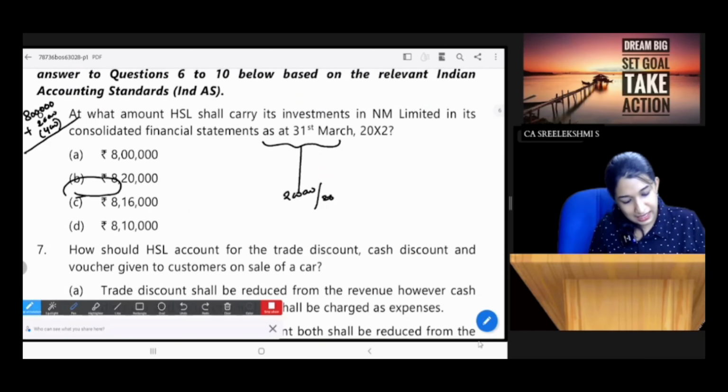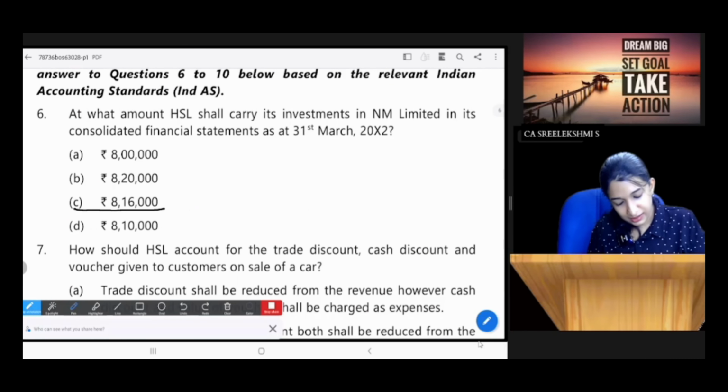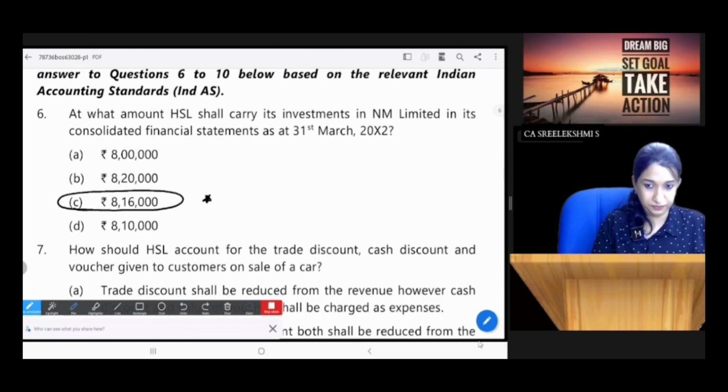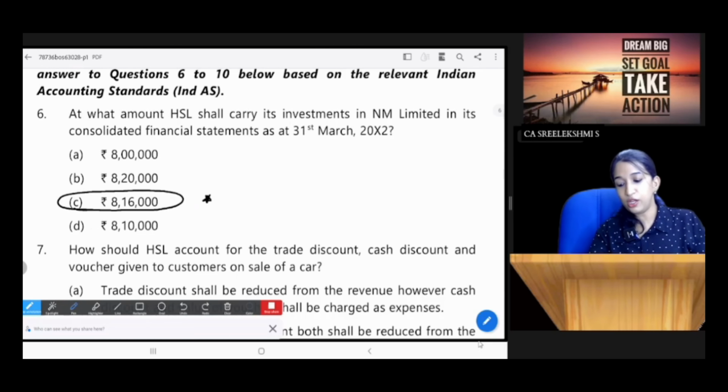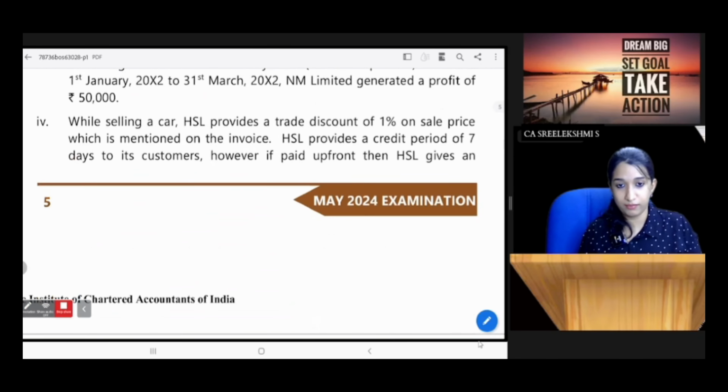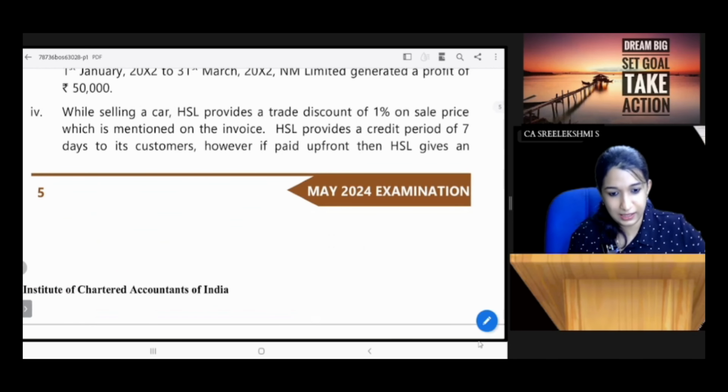Carrying value of investment is 8 lakh 16,000. Okay. Now we have one more last case study.